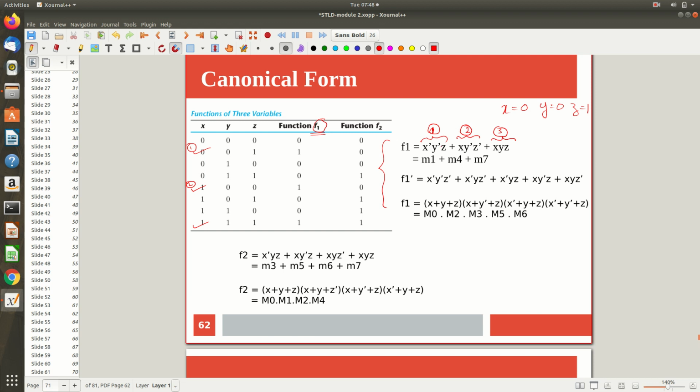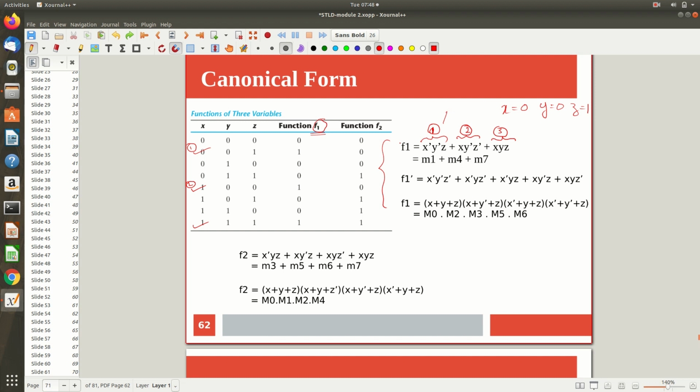Just check here. You can see that in this case, this first expression, x dash, y dash, z is going to give me a 1. So this will be evaluated to 1. But these other terms may be 1 or 0. I don't bother about it, because as I am ORing them together, a single one is enough for me to make the function 1. Okay, hope it is clear.